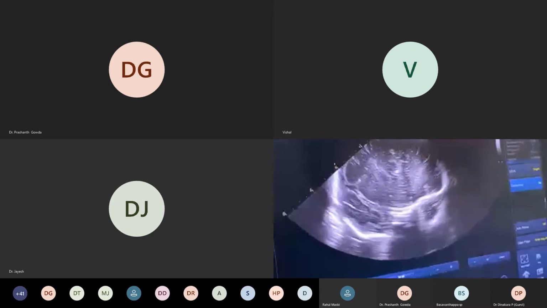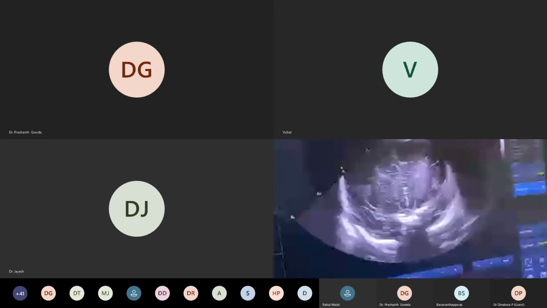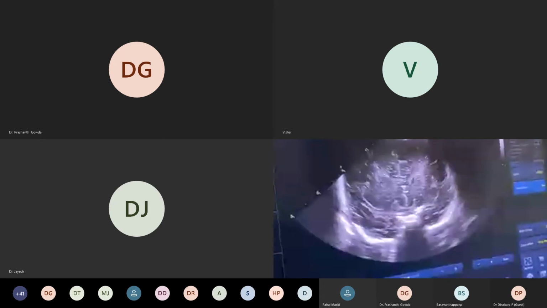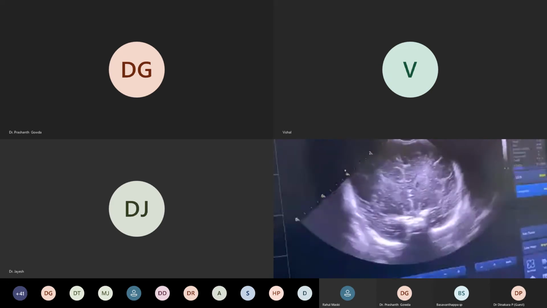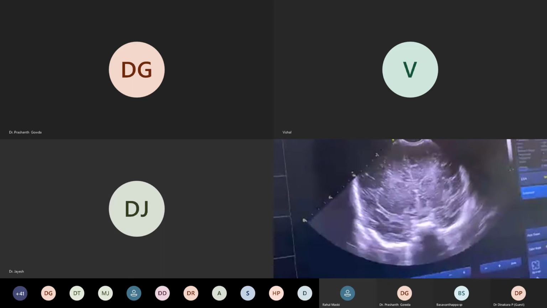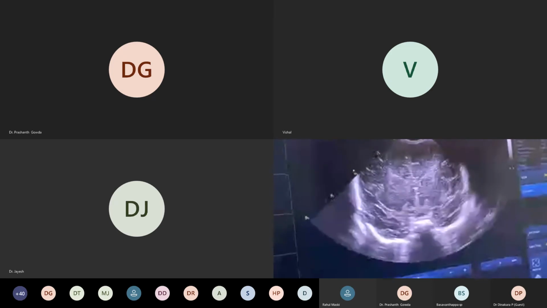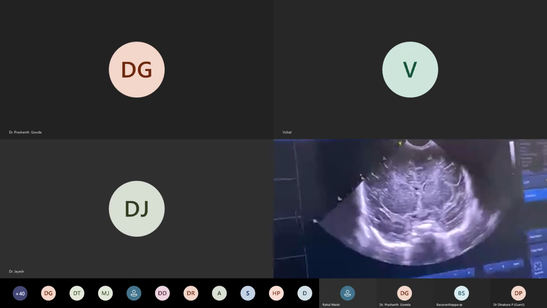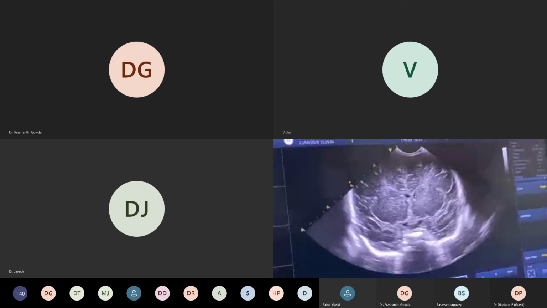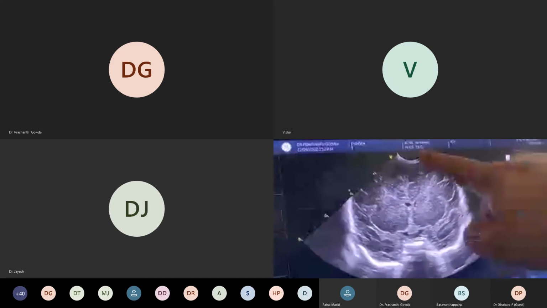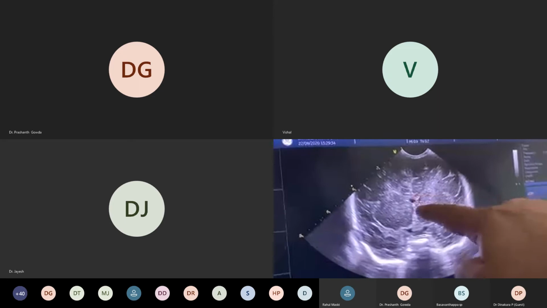Now we are tilting a little backward. Yeah. So you can see again this is your interhemispheric fissure.